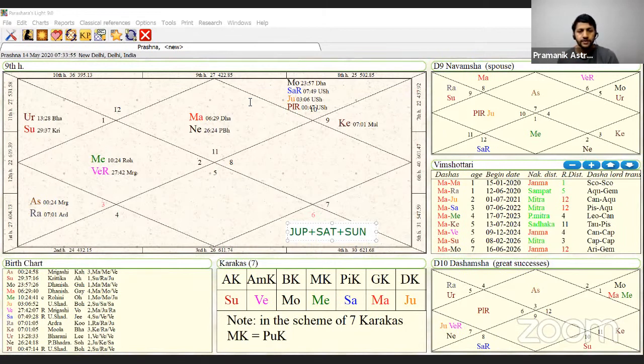Now, Jupiter is ruling the 2nd house and the 11th house, is conjunct the 1st and 12th, and is conjunct the 7th house. So it is not connected with any of the trinal lord.